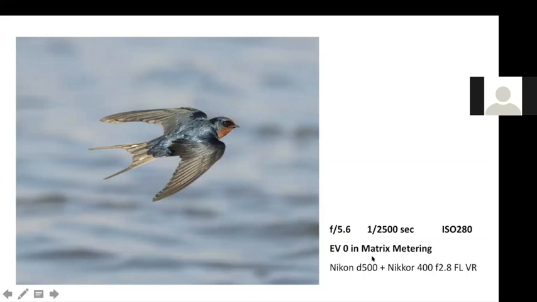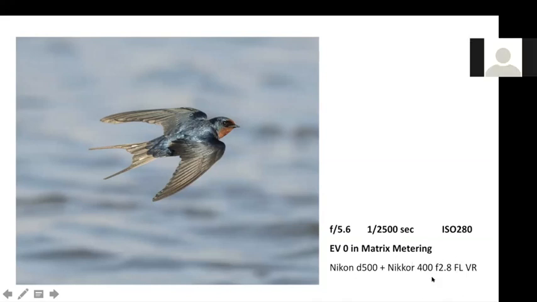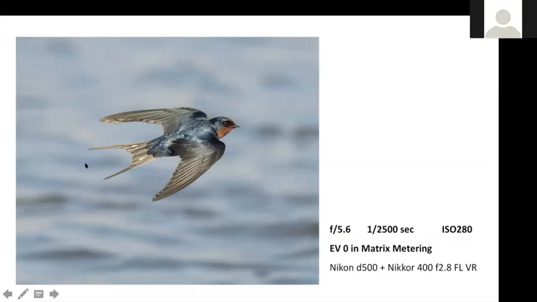Of course, the camera also contributes to focusing efficiency, but if it cannot be compensated by the efficiency of the lens, then it won't work. So this is a blazing fast bird, a swallow. Whoever has tried it knows it's very difficult to focus on the bird while it is flying, because it flies very fast. It's one of the fastest flying birds in the world.